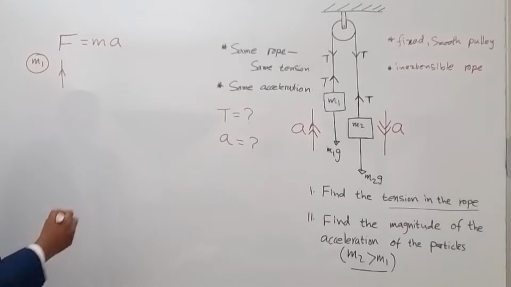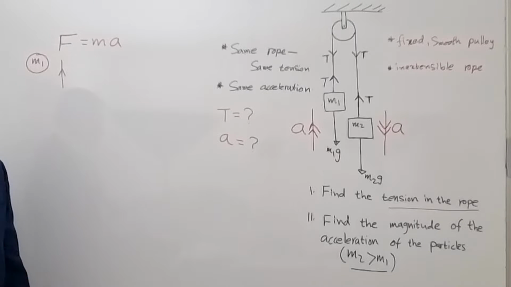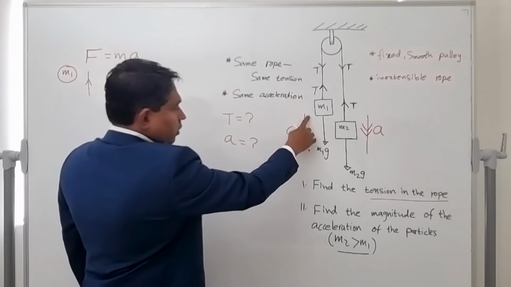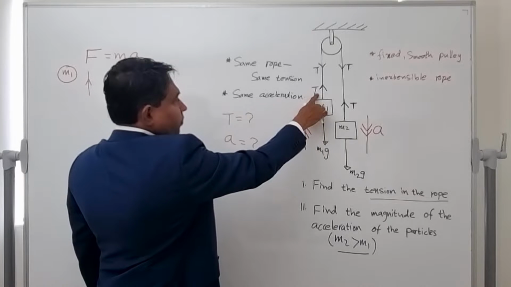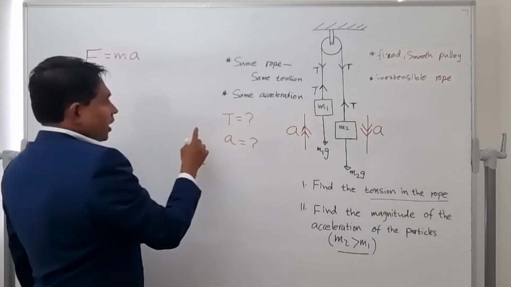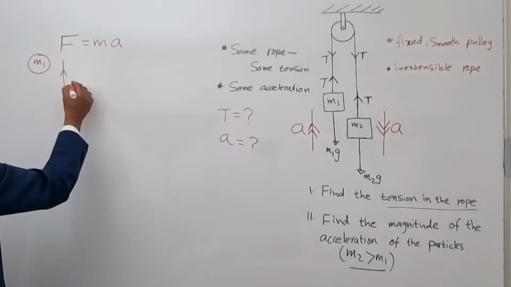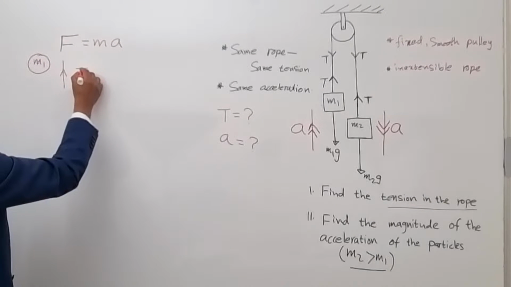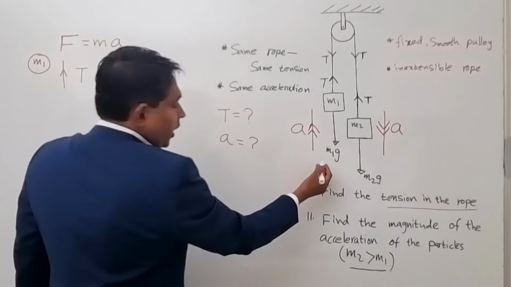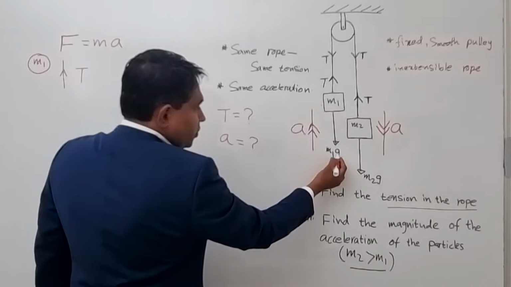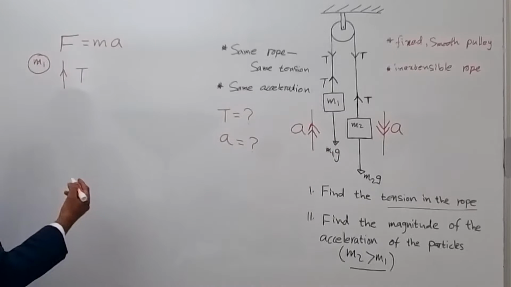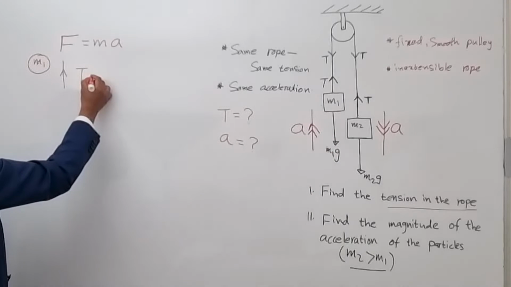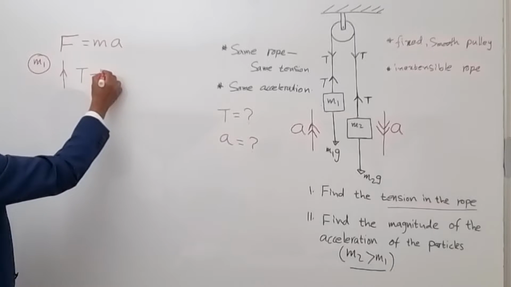The acceleration is the same, we need to consider the direction. Now, if you look at this particle, it's moving up again, so T is in the positive direction. So I can take T as positive. Now m1g is a force vertically down, therefore we take it as a negative force.